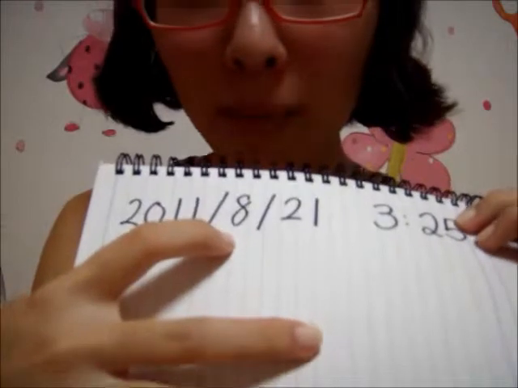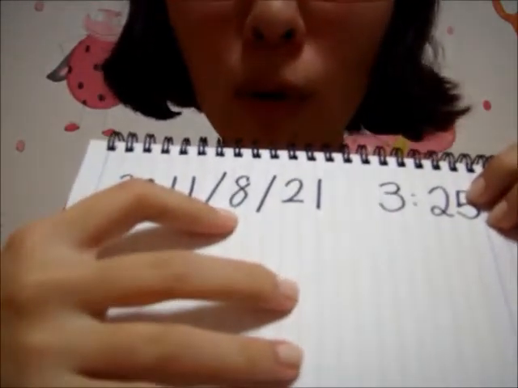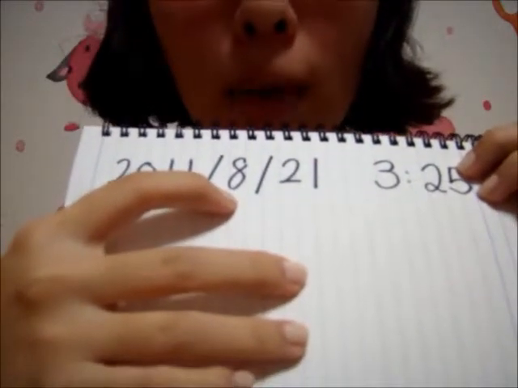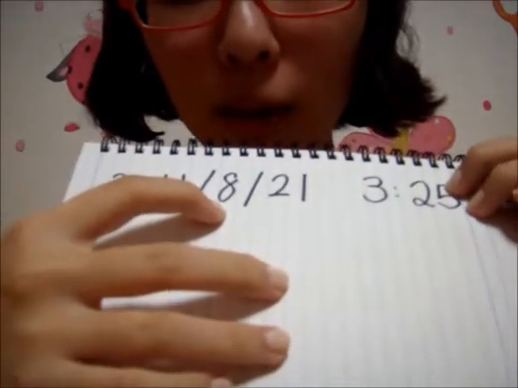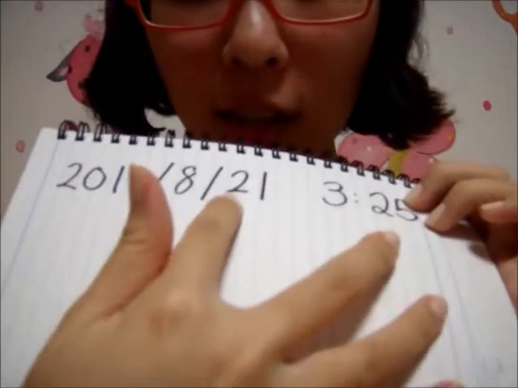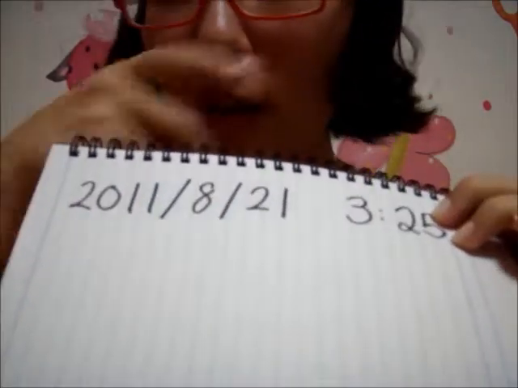You don't have words for months like January, February, so you would just say the number for the month. The word for month is 월, so you would say 8월. And the word for day is 일, so 21일. If you say that fast, it would be 21일.